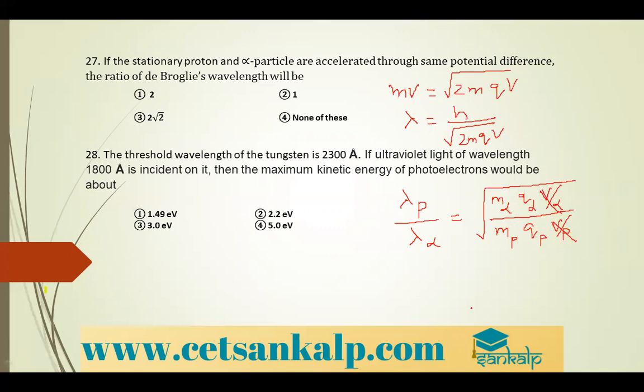The mass of alpha is 4 times the mass of proton, and the charge is 2 times the charge of proton, whole divided by mp qp. mp and qp get cancelled, so it comes root of 8, which is 2 root 2. So the ratio will be 2 root 2. Option 3.